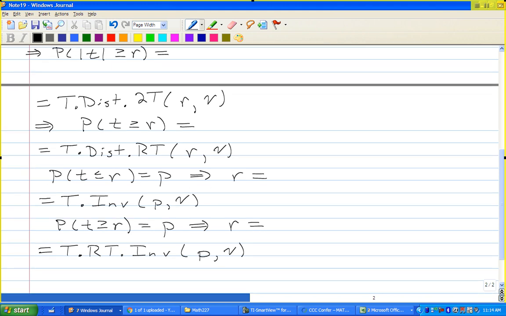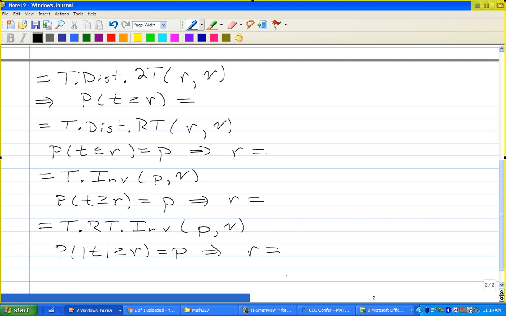And if you want to figure out r, such that the absolute value of t is greater than or equal to r is some given value p, then you would do t two-tailed.